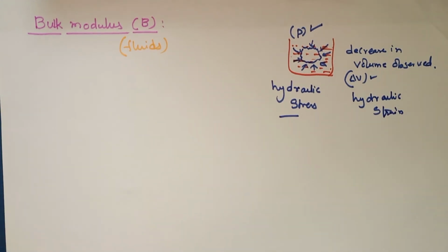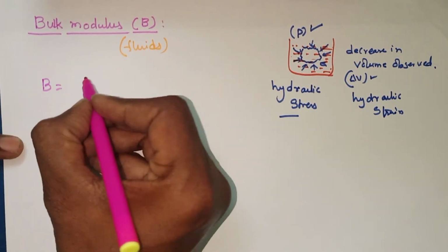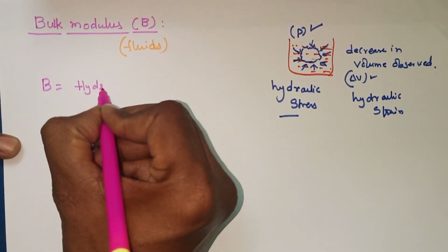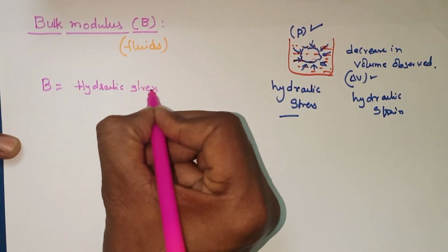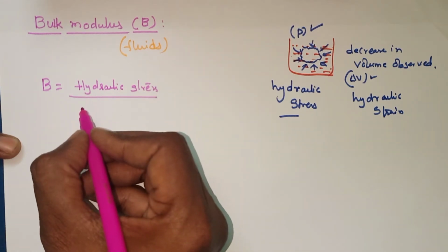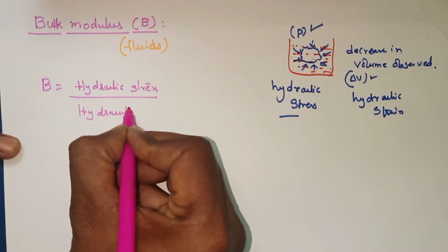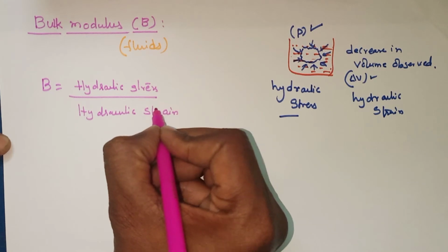So the ratio of the hydraulic stress to the hydraulic strain is called the bulk modulus. Bulk modulus B is equal to the ratio of hydraulic stress to hydraulic strain.